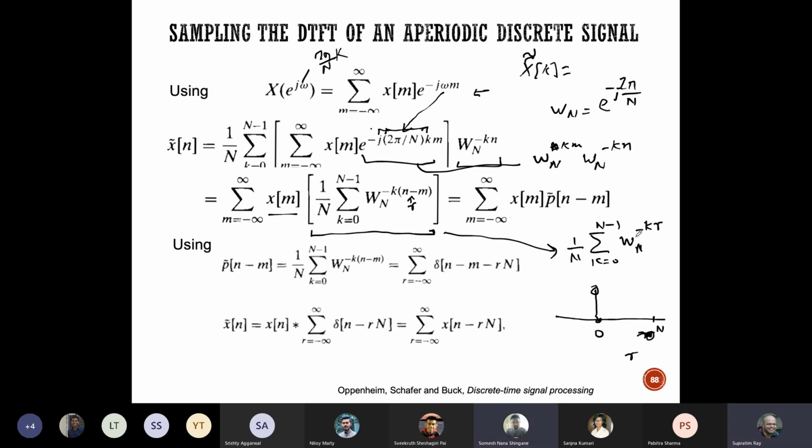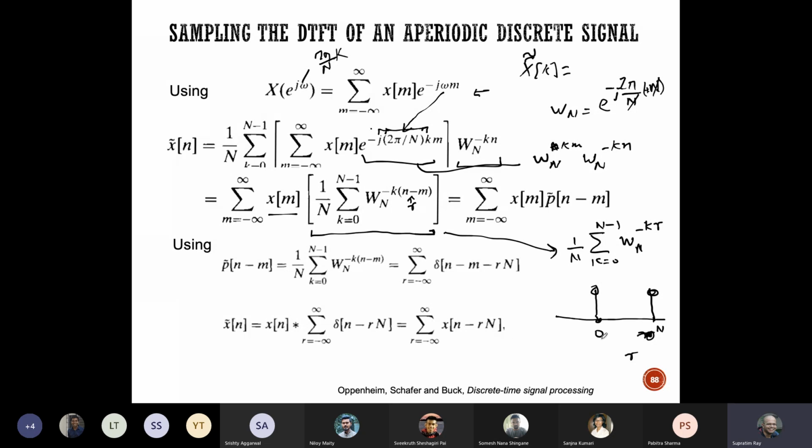This is omega_N, which is e to the power minus j 2 pi by N. So omega_N multiplied by any multiple of N, like N or 2N or 3N or kN, will be e to the power minus j 2 pi k, which is again 1. So at N or 2N or 3N, this whole thing becomes 1 again.